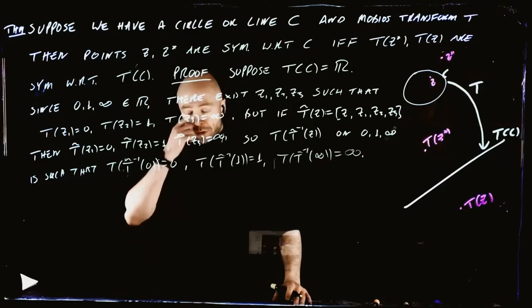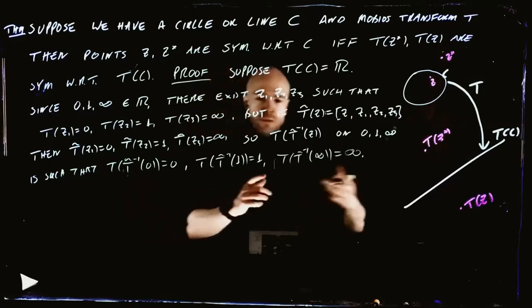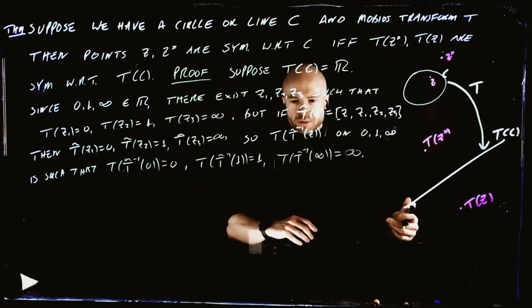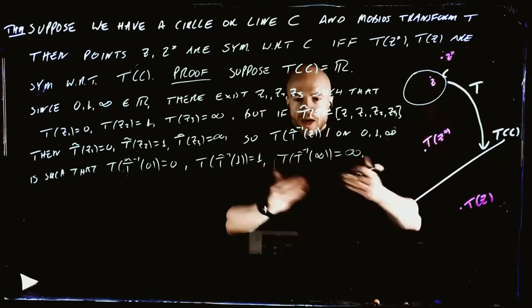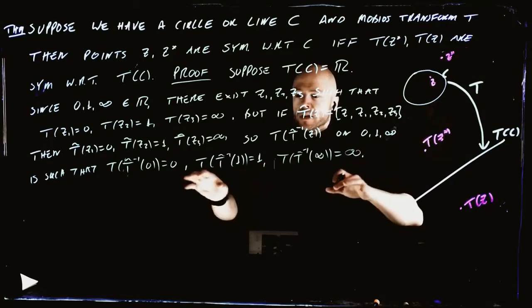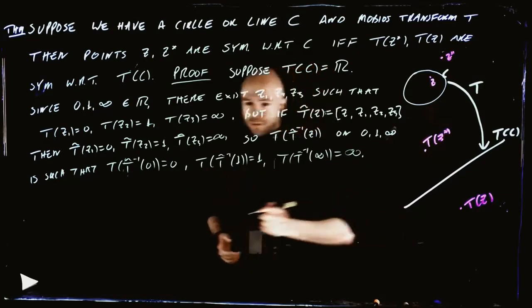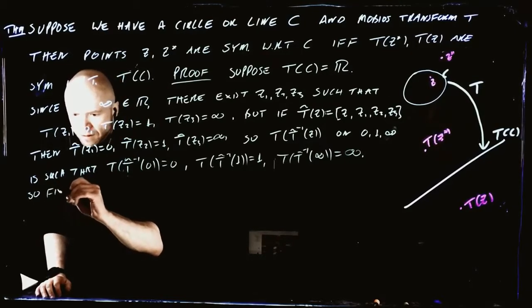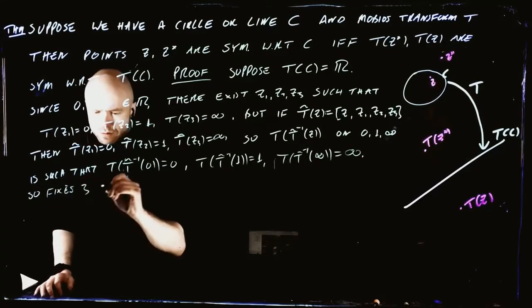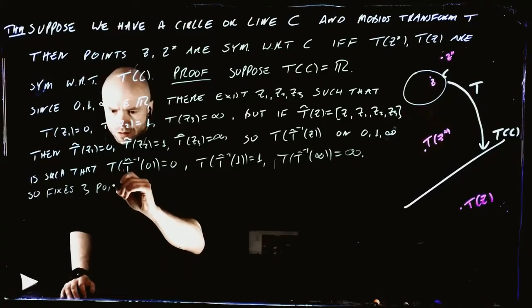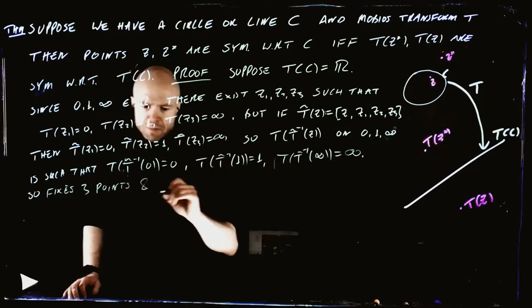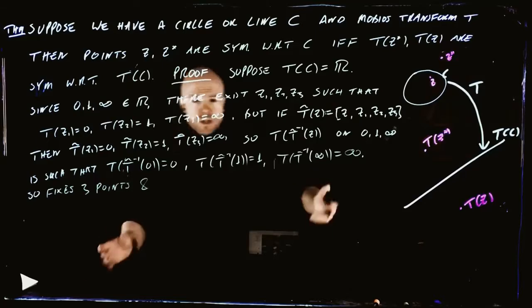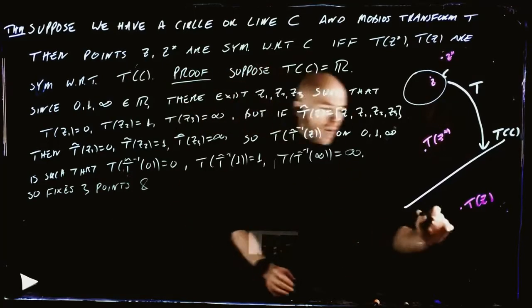And we already saw the last time that there were at most 2 fixed points of a Mobius transform. The only way that you can have 3 fixed points is if this Mobius transform is the identity. So it fixes 3 points and must be identity.